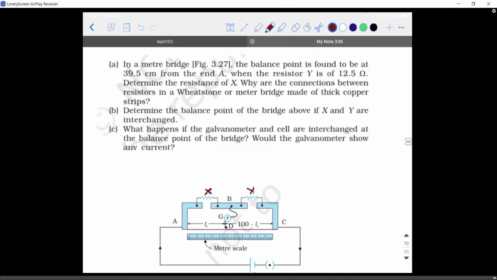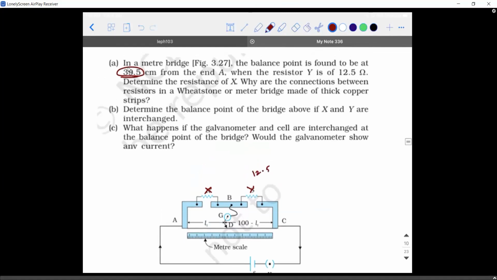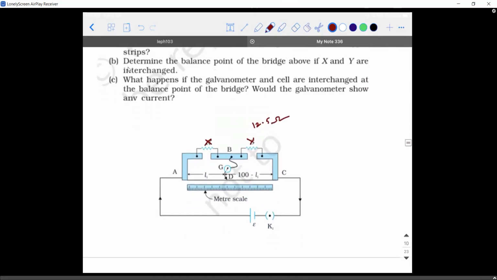The balance point is found to be at a distance of 39.5 centimeter from the end A when the resistor Y is of 12.5 ohm. Determine the resistance of X. Why are the connections between the resistors in the Wheatstone bridge or meter bridge made of thick copper strips? I'll tell you. Before that, how are we going to solve it?